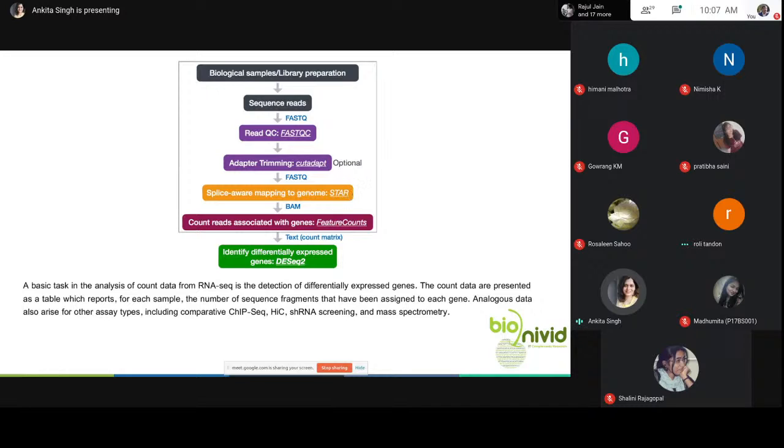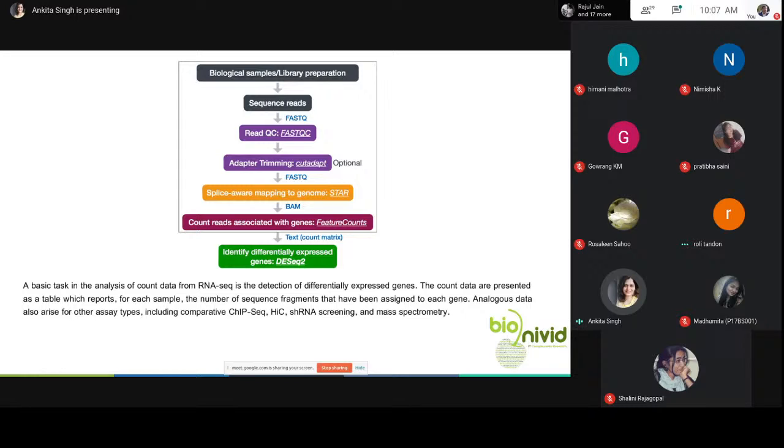There are many different aligners, like you must have heard HISAT, Bowtie, TopHat. You have to keep in mind that when you are working with a eukaryotic organism and you are aligning RNA data to a genome, it should be a splice-aware aligner. Then after alignment, you get a file format called a BAM file.